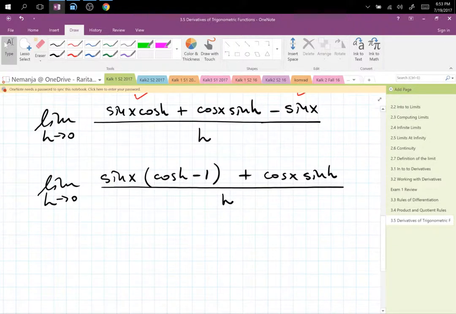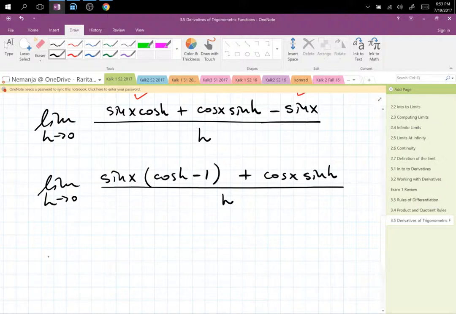I am going to use the limit laws to separate this, because I have addition, it creates two fractions, and then each one gets its own limit, and then I have multiplication within each one of these, which gets its own limit.